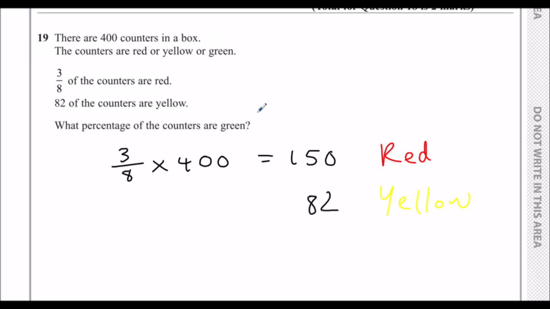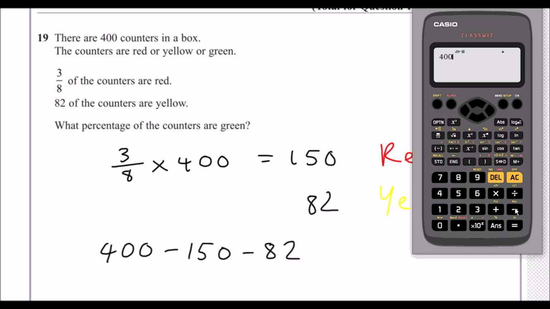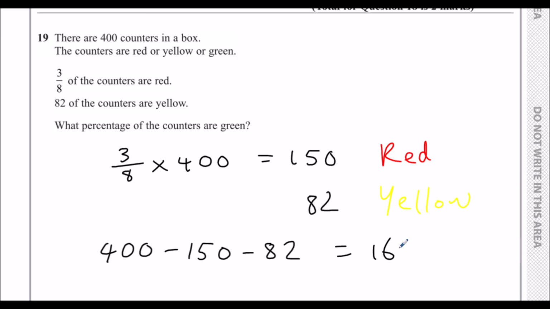What percentage are green? So the rest of them are green. So 400, take away 150, and take away 82, means that there are 168 left. So 168 green.